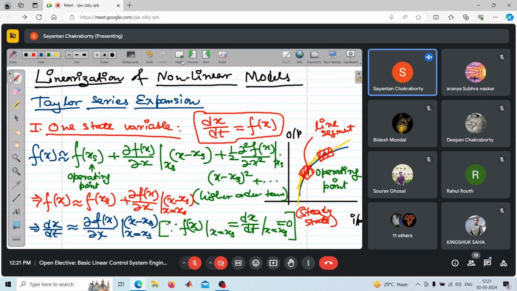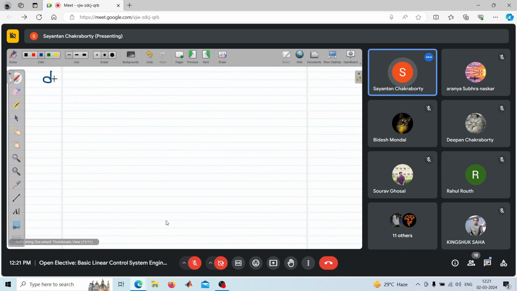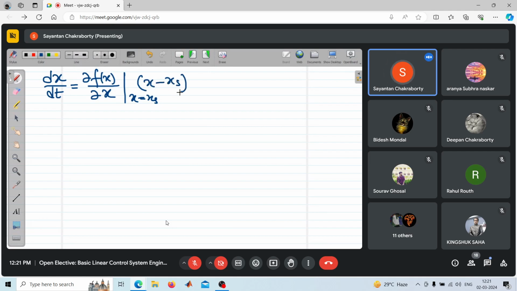So if I write down fresh, dx/dt is equal to del f del x at x equal to xs multiplied by (x minus xs).